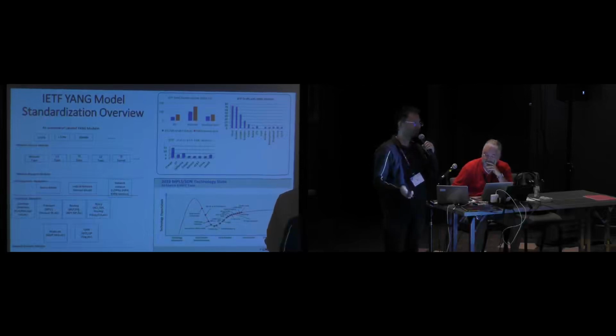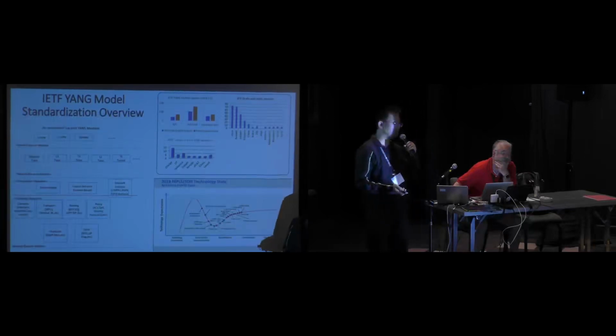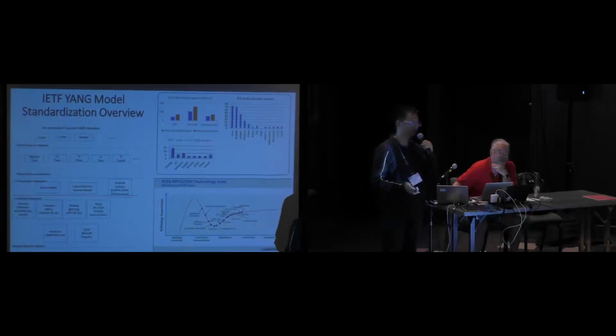Usually YANG data models are classified into service layer models and device level models, but in between we also have resource level models. They allow you to schedule resources to meet the service requirements from the top, and also allow you to program the network and make it adapt to network change.